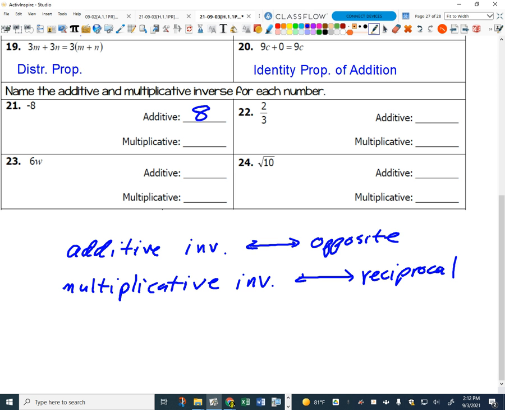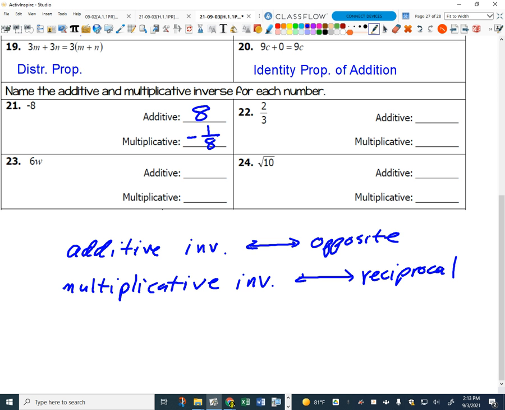So what's the multiplicative inverse of -8? -1/8. How about 2/3?